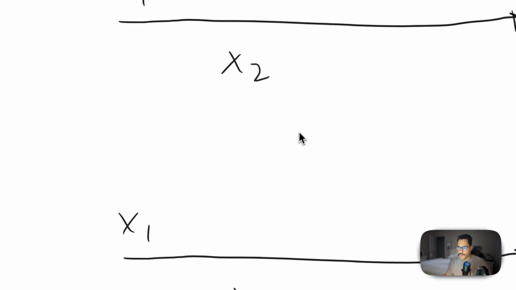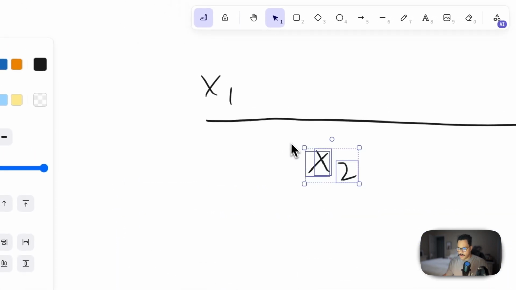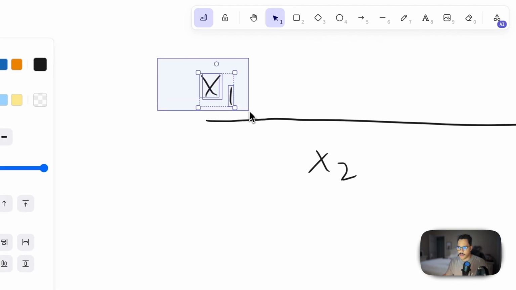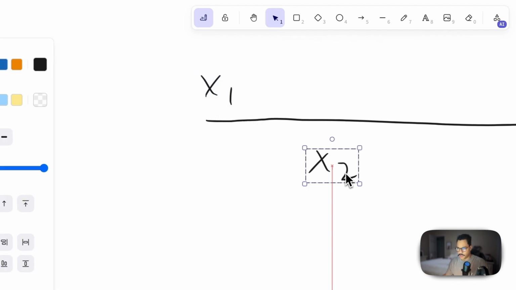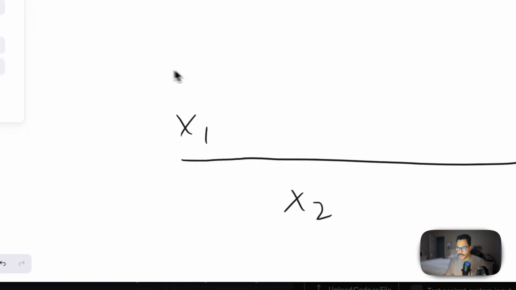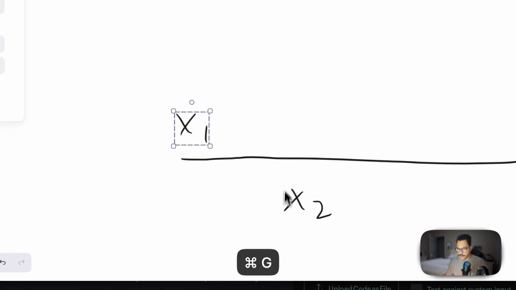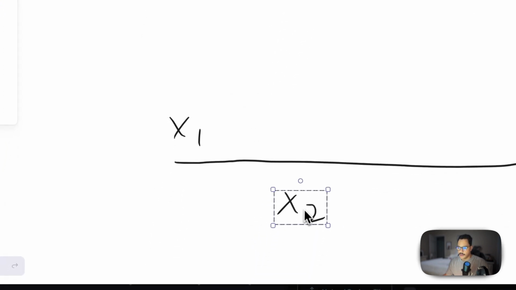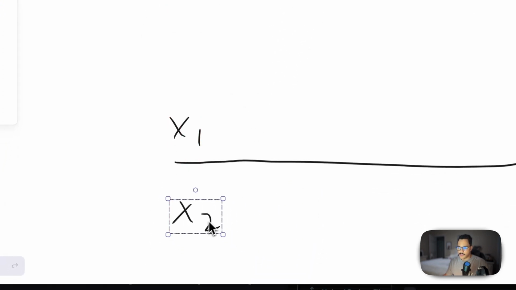So let me go ahead and group these. I'm just gonna use these things as elements for right now, so I can move them like this. All right. So the idea here is that I'm gonna check two cases.